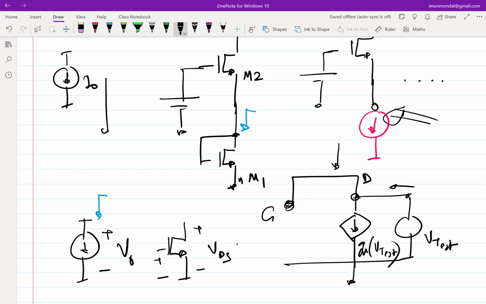One of the reasons it's not able to serve the purpose is because the change of the drain voltage is feeding into the gate and changing the current. It's not acting like a current source. If I have to make sure that M1 acts like a current source, I have to leave the drain alone. I cannot have part of the information of the drain flowing in, affecting the gate or the source voltage.